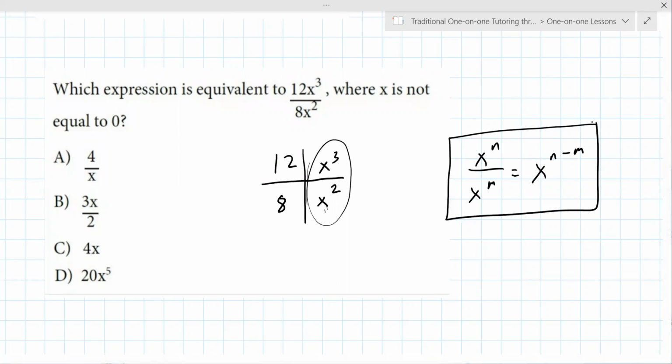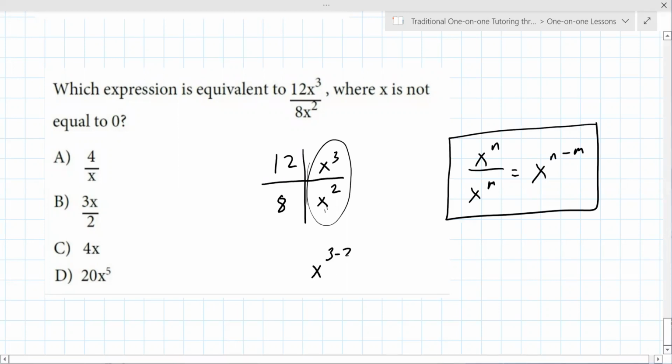So it becomes x to the power of 3 minus 2, which is x to the 1, which would just be x. And then 12 divided by 8, what number goes into both of those? 4 does. So 3 over 2, and the x goes back in the numerator.